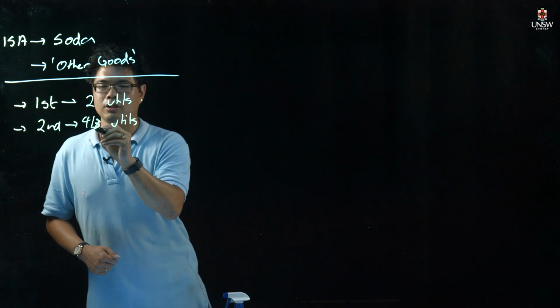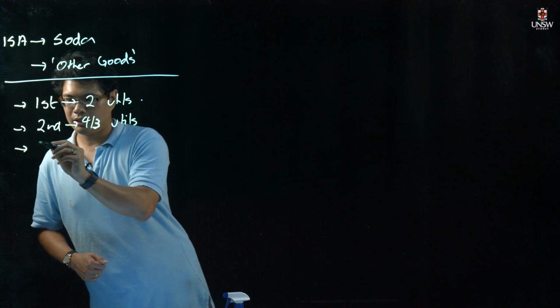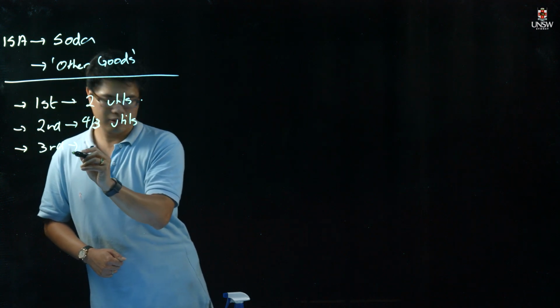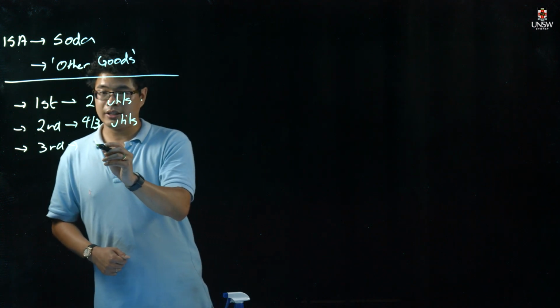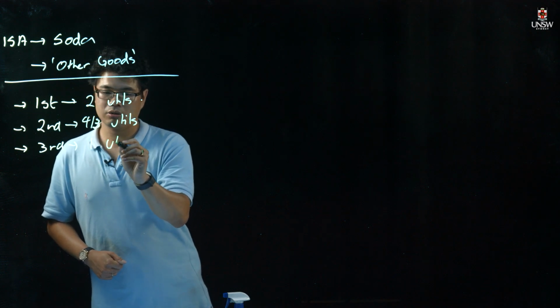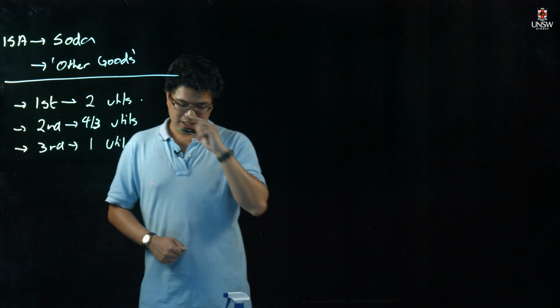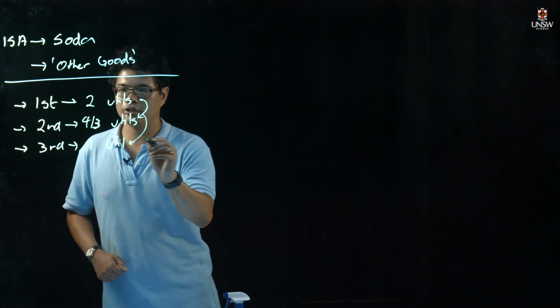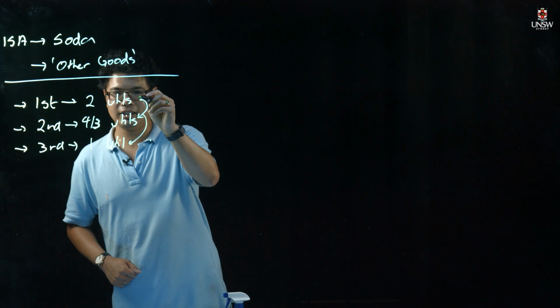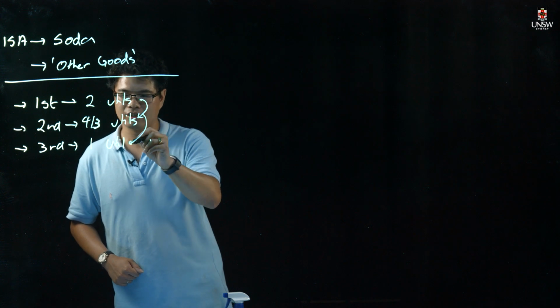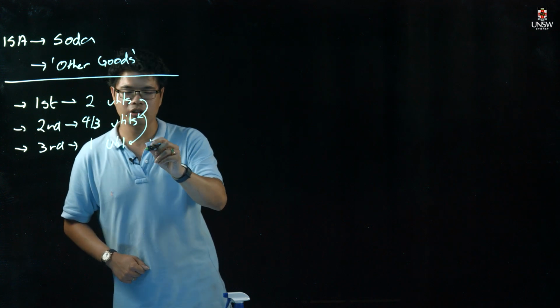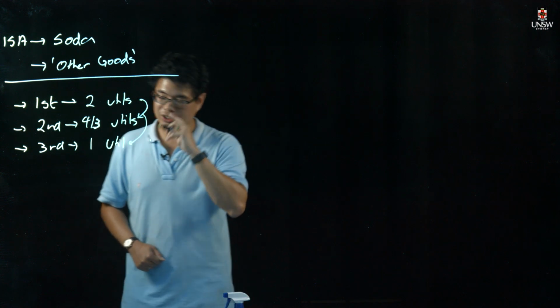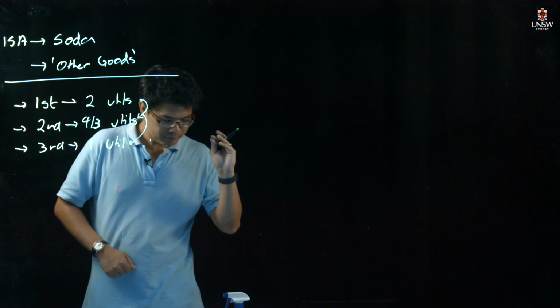And for the third, she says, I only get 1 util. As you can see here, it's diminishing. She's probably had her sugar high, then more sugar high, then less of a sugar high, and eventually she wants to stop having sugar because she doesn't want to get diabetes.